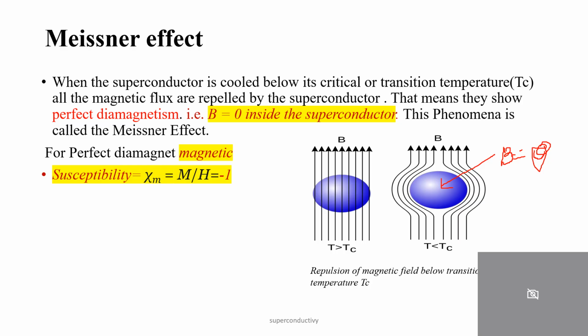And also we know that for a perfect diamagnetic material, the magnetic susceptibility Km equals -1. So in case of superconductor, as it shows perfect diamagnetism, Km will be -1 in this case.